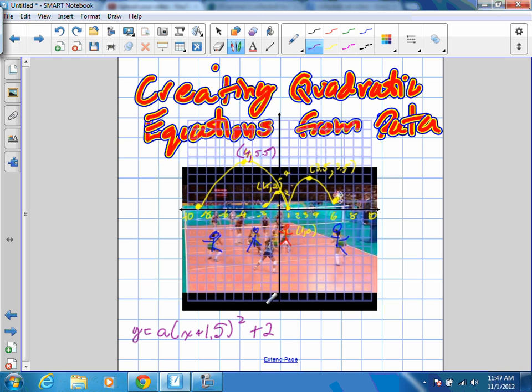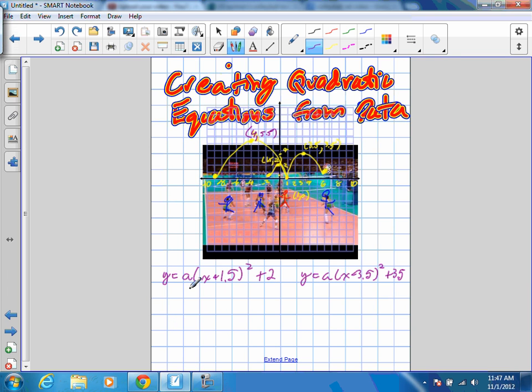The ball that goes to the right, y equals a, our vertex is x minus 3.5 squared plus 3.5. And finally, the ball that goes to the farthest left will be y is equal to a, x, because it's negative 4, plus 4 squared plus 5.5.